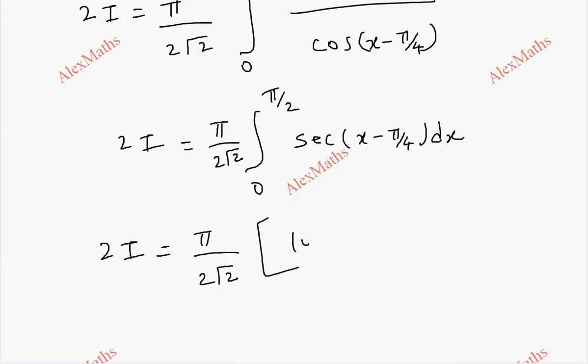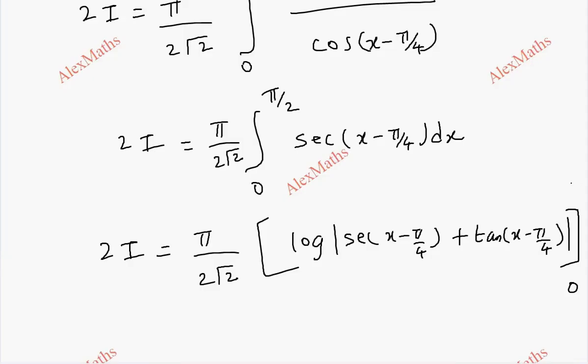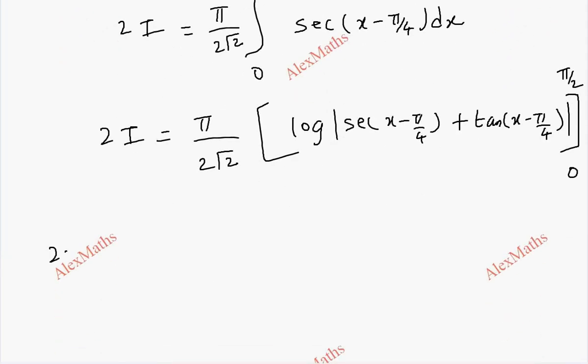This integration is log mod secant x plus tan x, because integration of secant is log mod secant x plus tan x. Mod close, bracket close, 0 to pi by 2 is our limit. Now 2I equal to pi by 2 root 2.